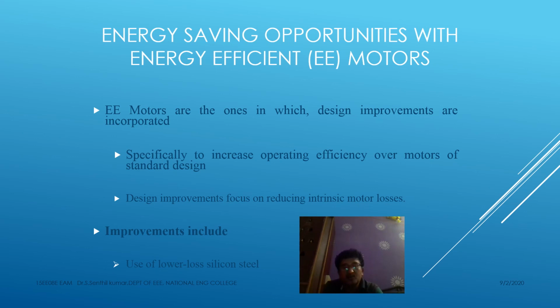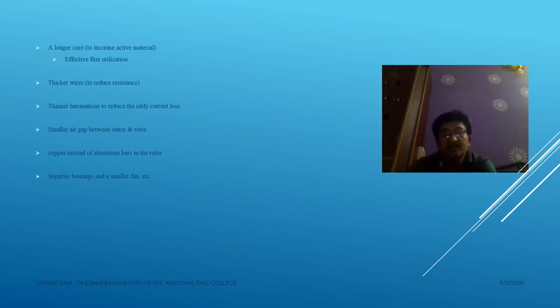The improvements include the use of lower loss silicon steel. In the design aspects, a longer core has been designed to increase the active material, so effective flux utilization is improved.